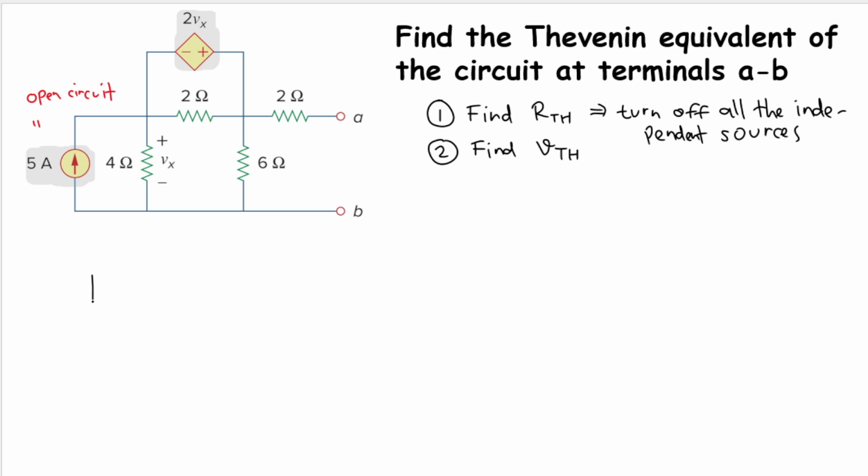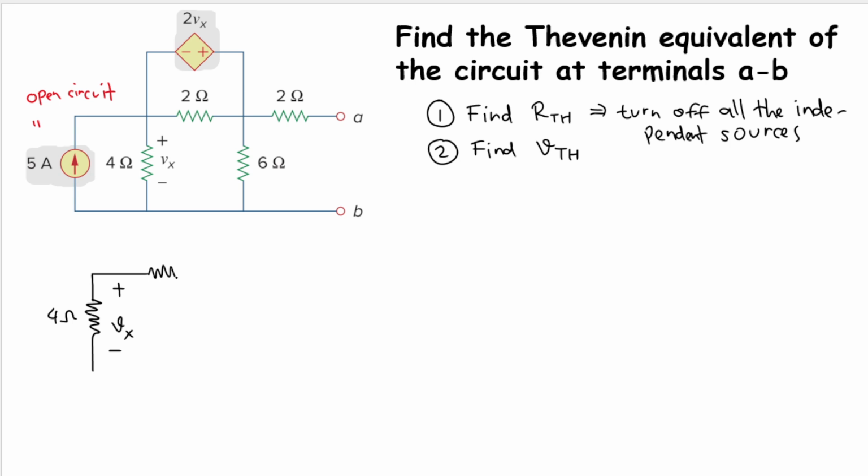And now we will have this 4 ohm resistor here, but then the voltage across it is Vx. And then we have this 2 ohm resistor here.